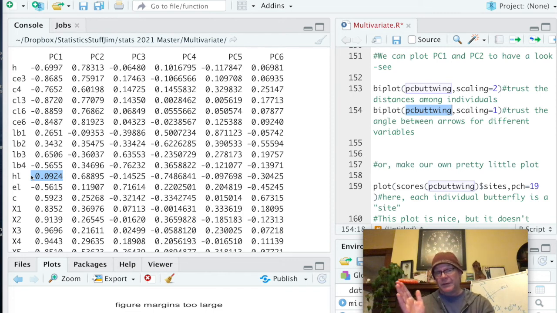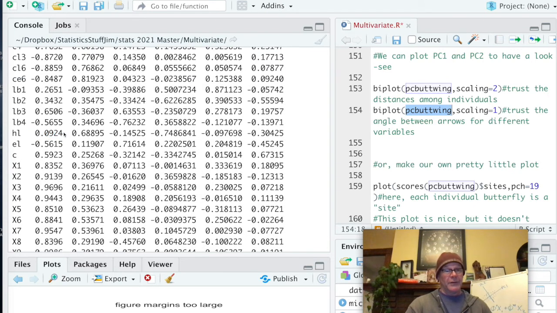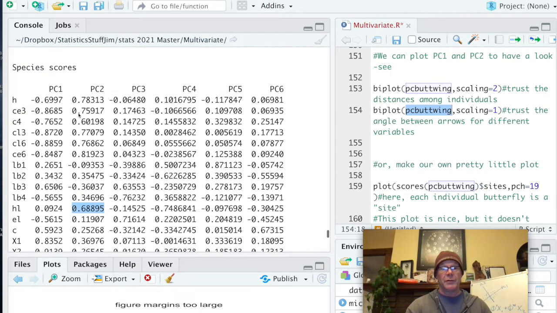It's not loaded onto PC1, and sure enough, its loading is 0.09, which is paltry compared to pretty much all the rest. HL is just not very good on PC1, but it is pretty substantially loaded onto PC2.